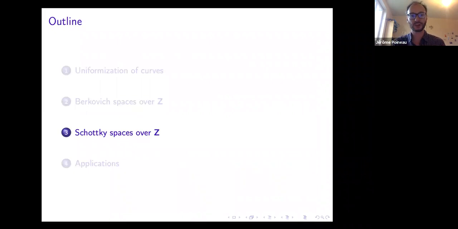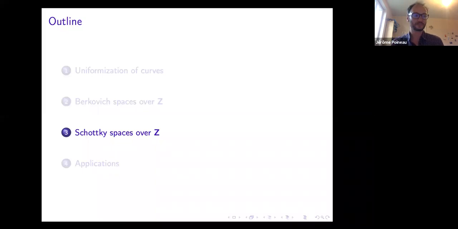So I want to say something more maybe about Berkovich spaces over Z. The way I think about them, and actually more and more, is that I'm pretty sure that they are very nice kind of analytic moduli spaces.